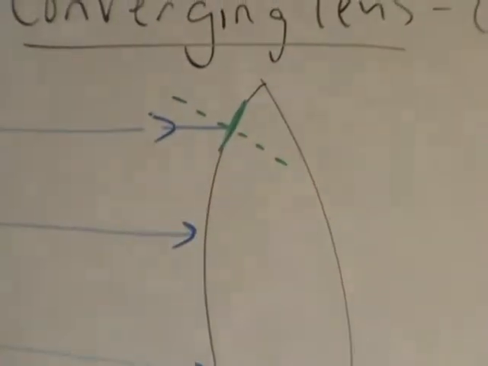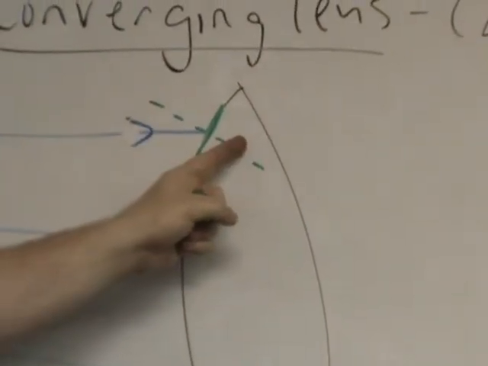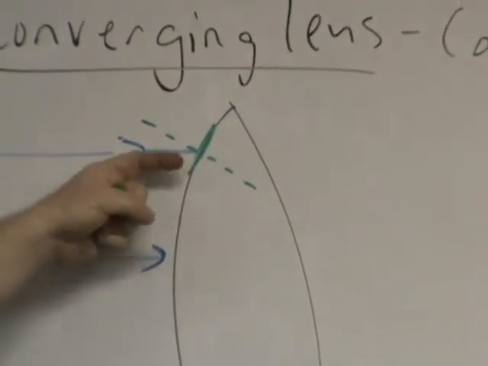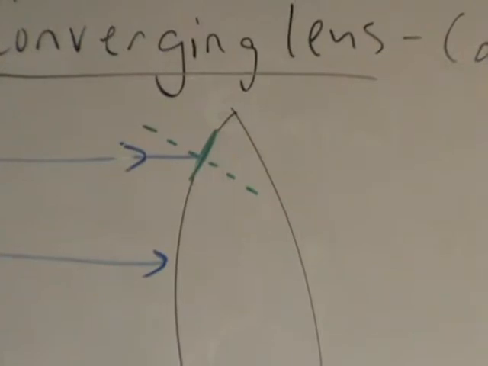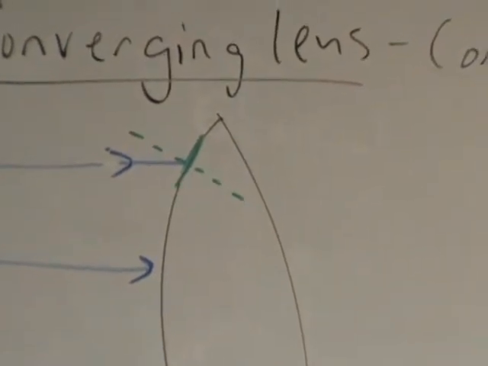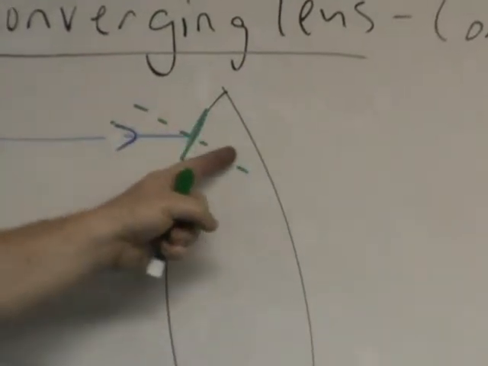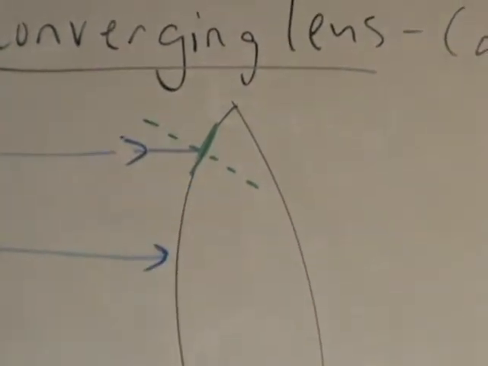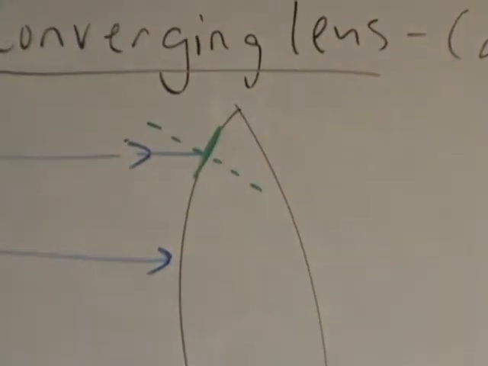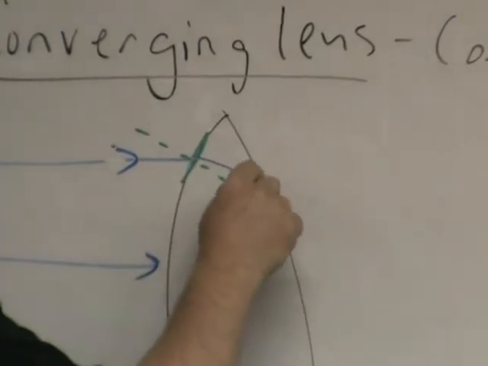It would continue on horizontally. But I'm not going from air to air. I'm going from air to glass. Tell me, this blue ray, should it refract towards the normal or away from the normal? Towards. I'm hoping you remember that when you go from a low index of refraction medium to a high index of refraction medium, that is a fast medium to a slow medium, you refract towards the normal. So this light ray is going to refract towards the normal.